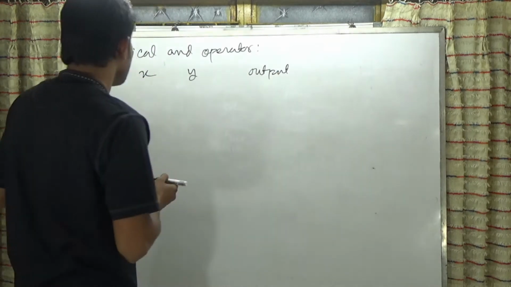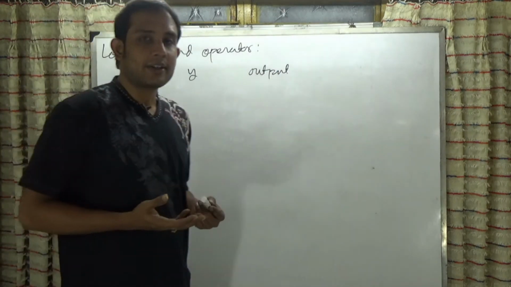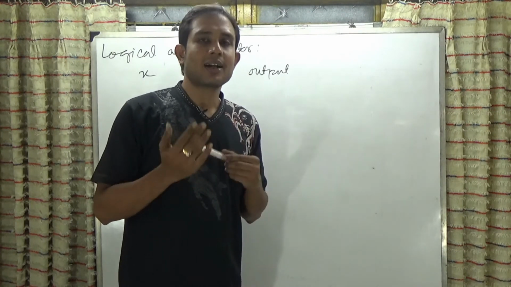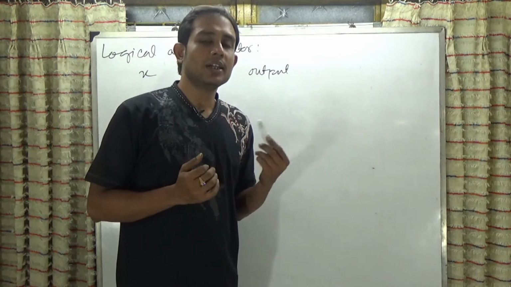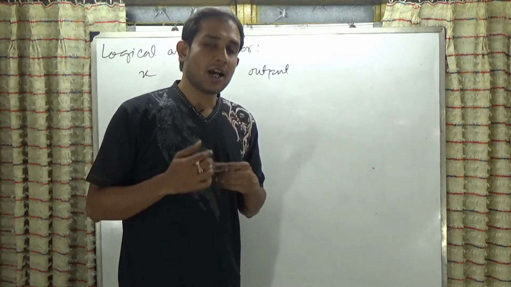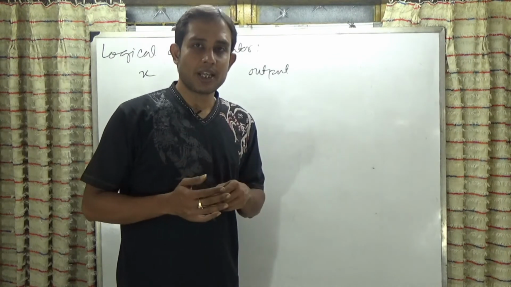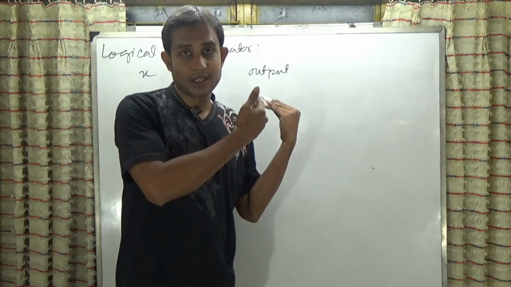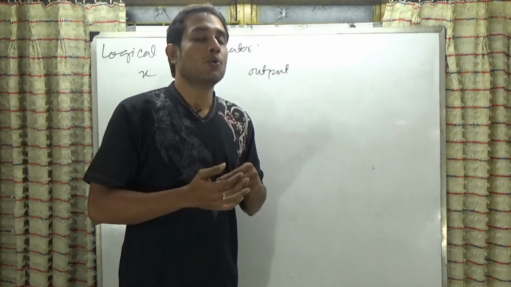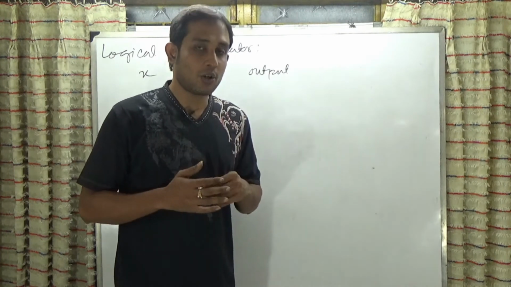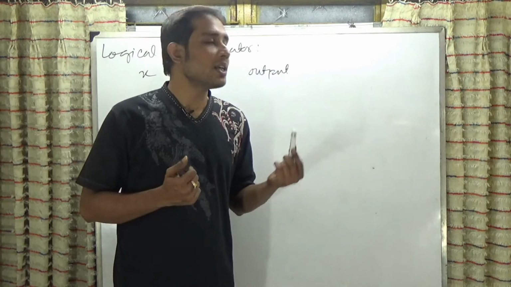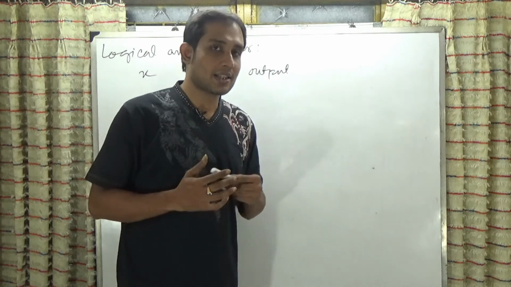In the case of the logical AND operator, if the relations on both sides of the AND operator are true, then only the true output will be generated. Otherwise, for any other combination of operands or relational expressions, like true and false, the output will always be false.